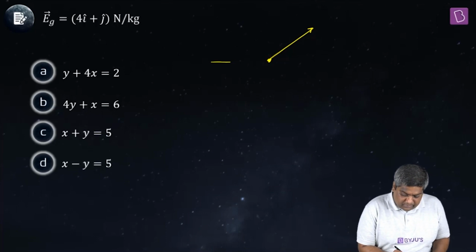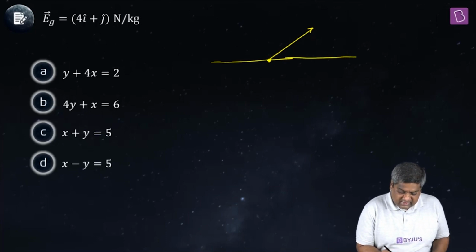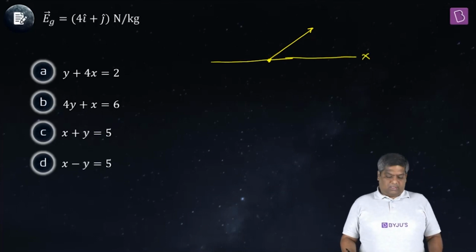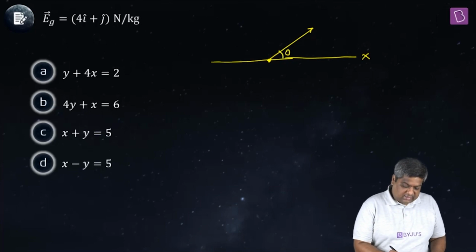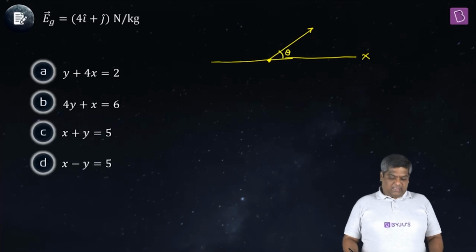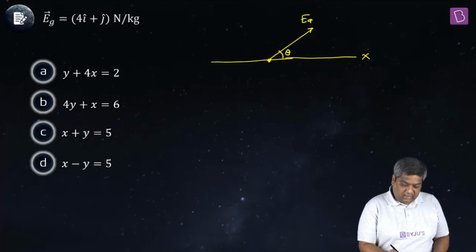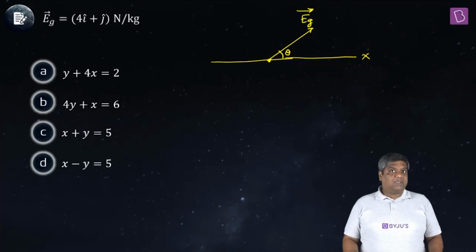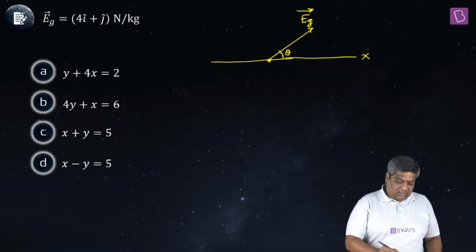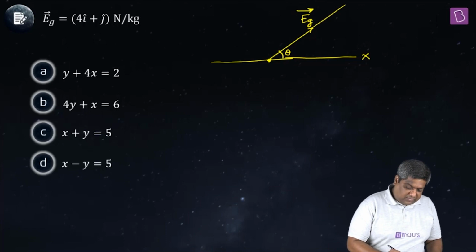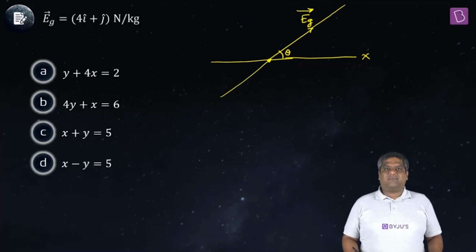And if this is the x-axis, and if this angle is theta, then tan theta will be the angle made by this gravitational field vector with the x-axis, and it will also be the slope of the line along which this particular vector exists, right?